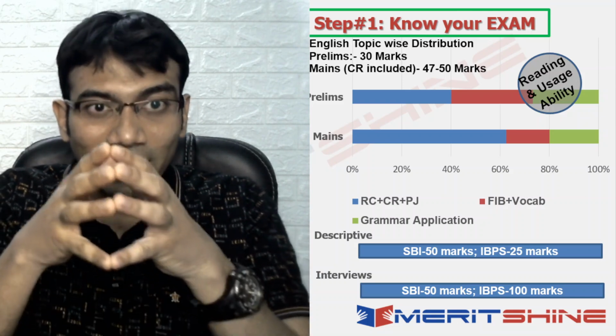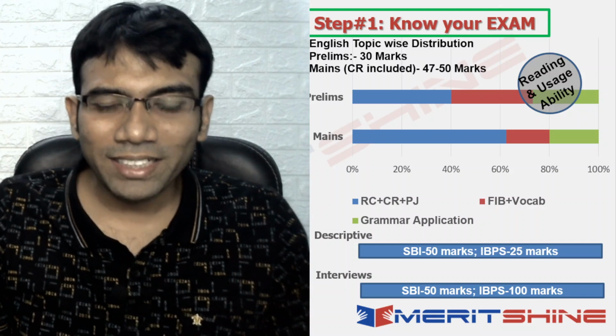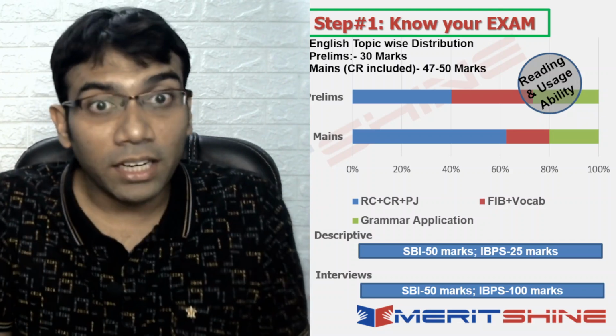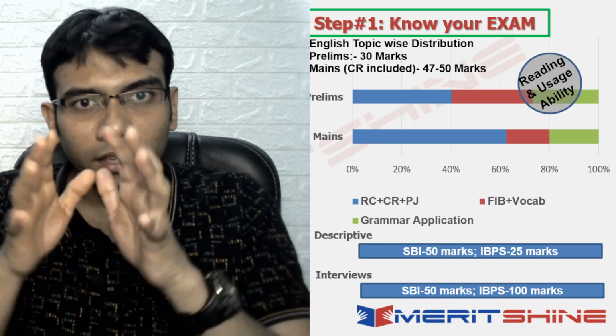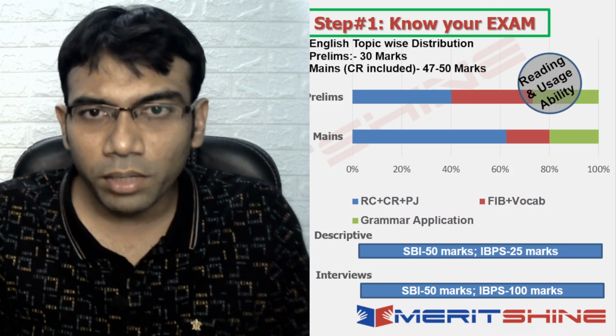All of these are tested in your prelims and mains, right? Okay. The nature of the questions might differ a little bit. The difficulty of questions might differ a little bit, but essentially the ability that is being tested is the same, reading and usage ability.